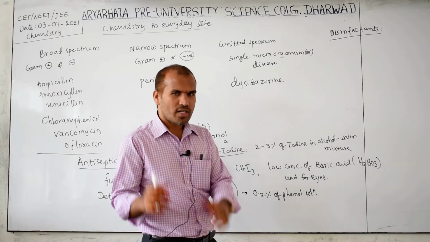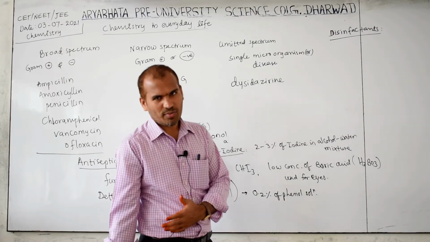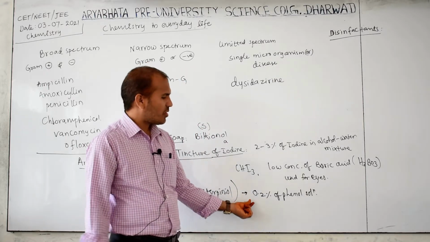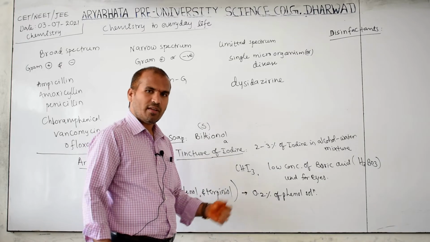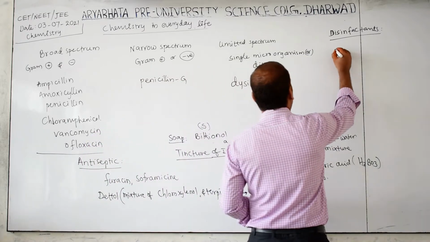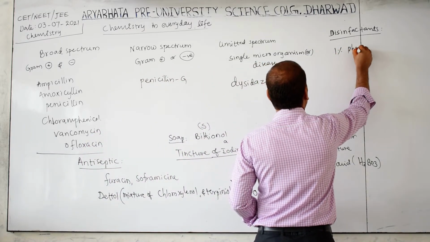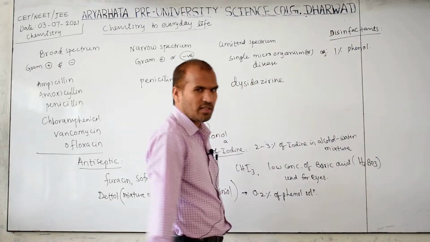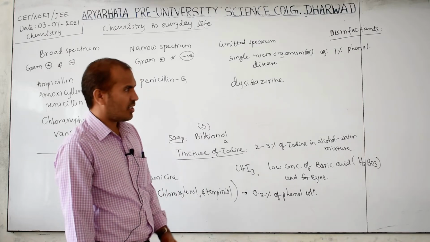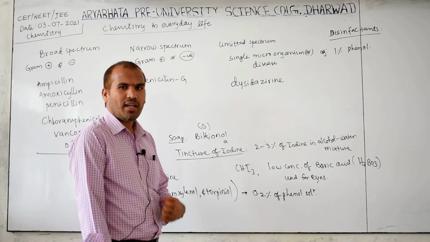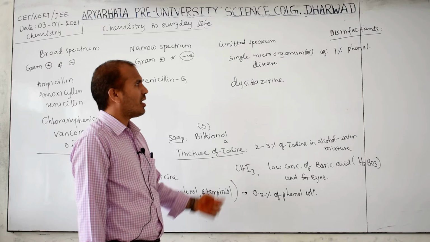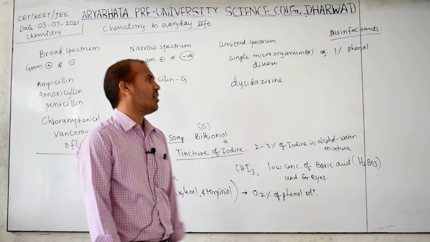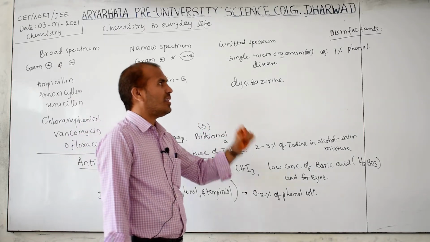Don't write that in your board level exam or competitive level, as that is not given in your textbook. What is given is that 0.2% of phenol acts as an antiseptic, but 1% phenol is an example of disinfectants. Phenol, you may have heard this word, is one of the floor cleaning liquids. 1% phenol acts as a disinfectant.